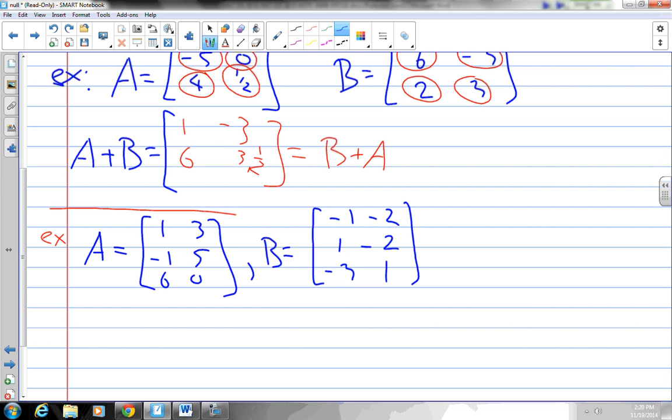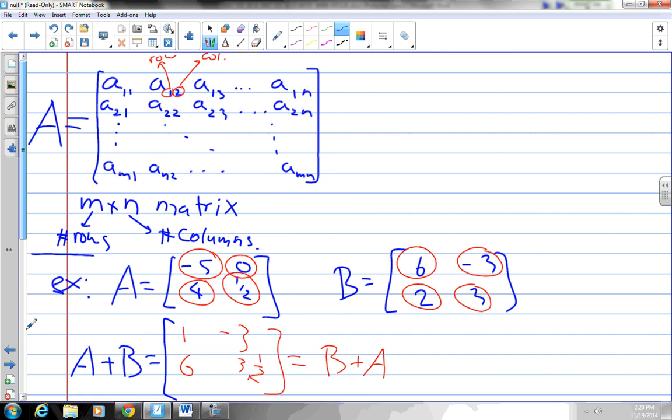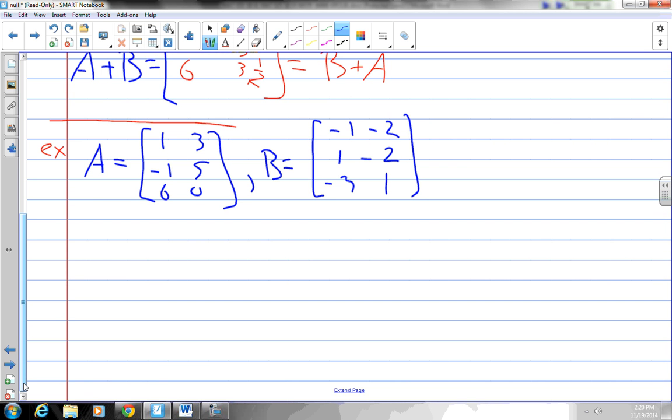So another 3 by 2 matrix, 3 rows, 2 columns. And let's say I want us to compute a new matrix B minus A.